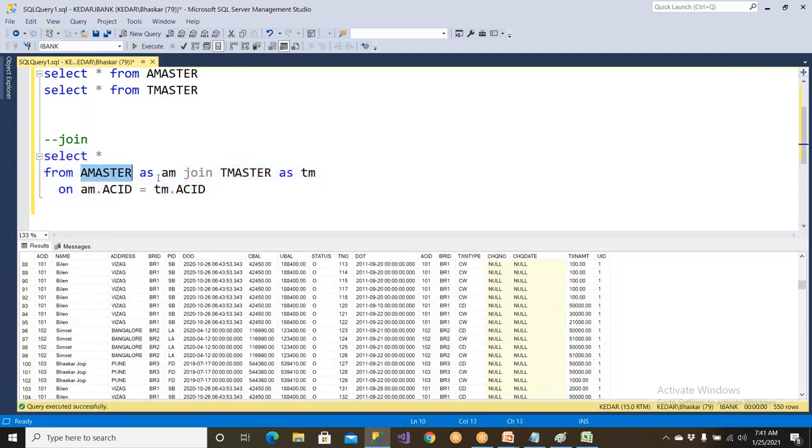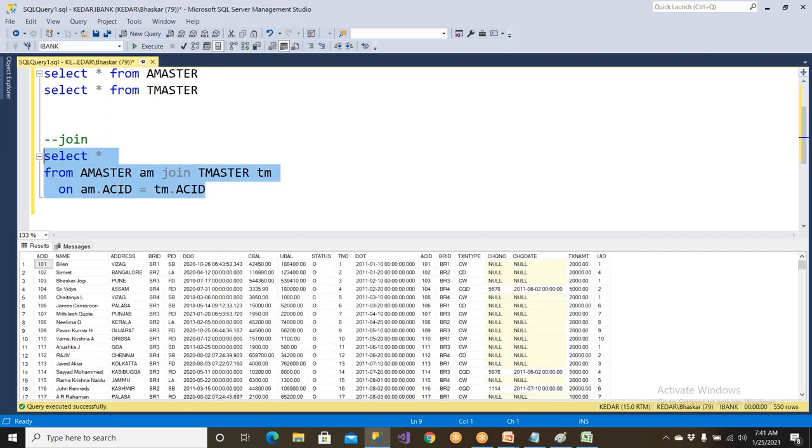So account master as am, join account transaction master as tm. As is not compulsory. Many people will say account master am, join this one. What is tm? It is an alias. So this is also going to work. When you have the alias, you should be able to use it like this.